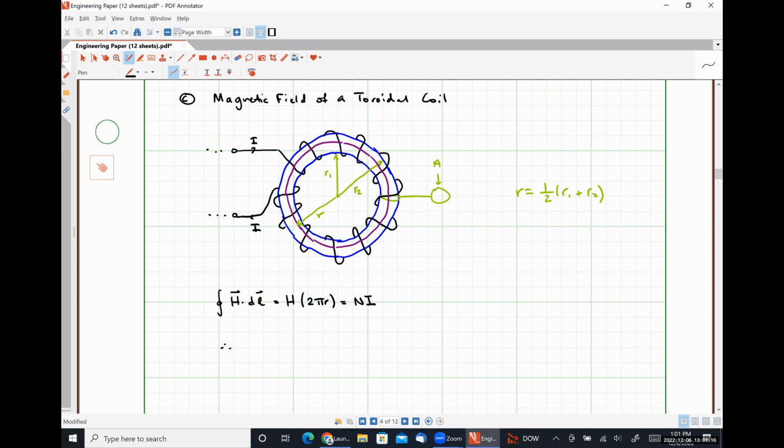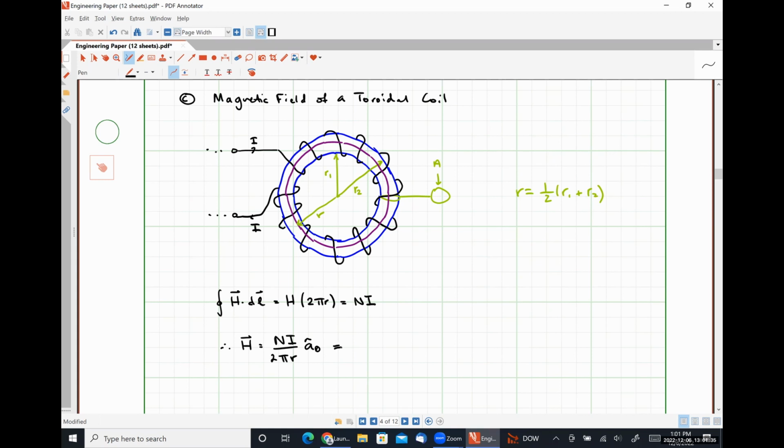And doing a little bit of math, we then get H is equal to Ni over 2 pi R in the theta direction in our coordinate system.